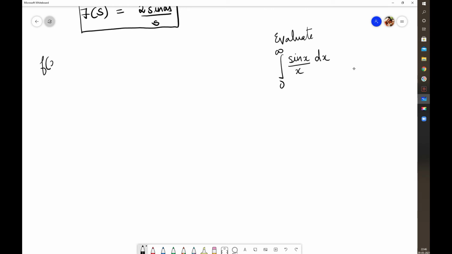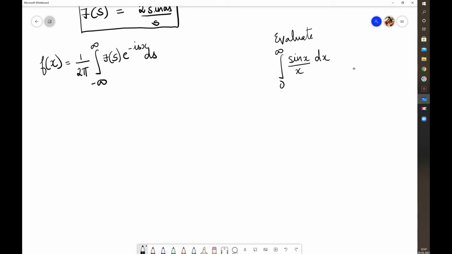This is the inverse Fourier transform formula. f of x is equal to 1 by 2 pi integral minus infinity to infinity f of s e to the power minus isx ds.